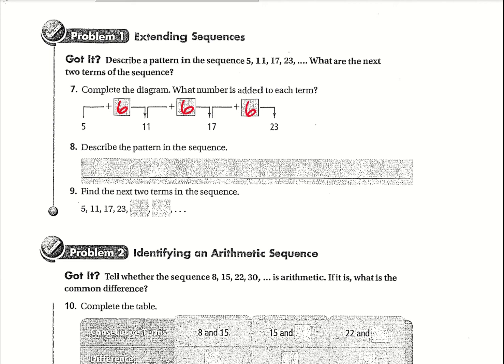So we describe the pattern in the sequence: we add 6 to each term. Using that, we can find the next 2 terms. 23 plus 6 would be 29, and 29 plus 6 would be 35.